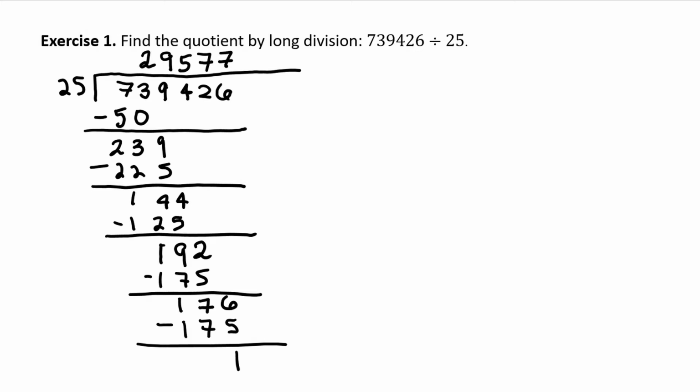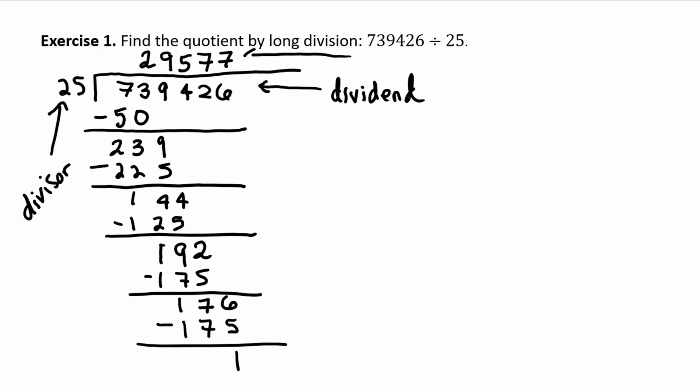Let's name these parts. The number that you divide is called the dividend. The number that you divide with is called a divisor. The answer of long division is your quotient, Q-U-O-T-I-E-N-T.